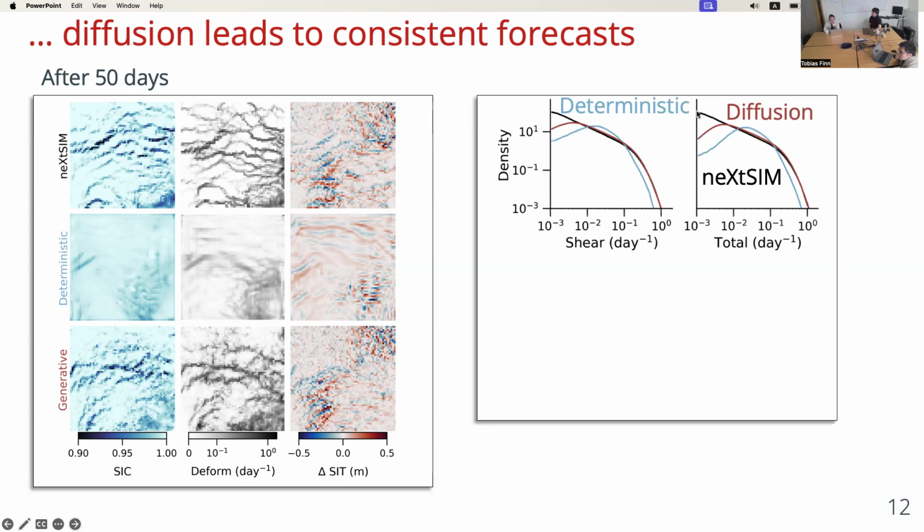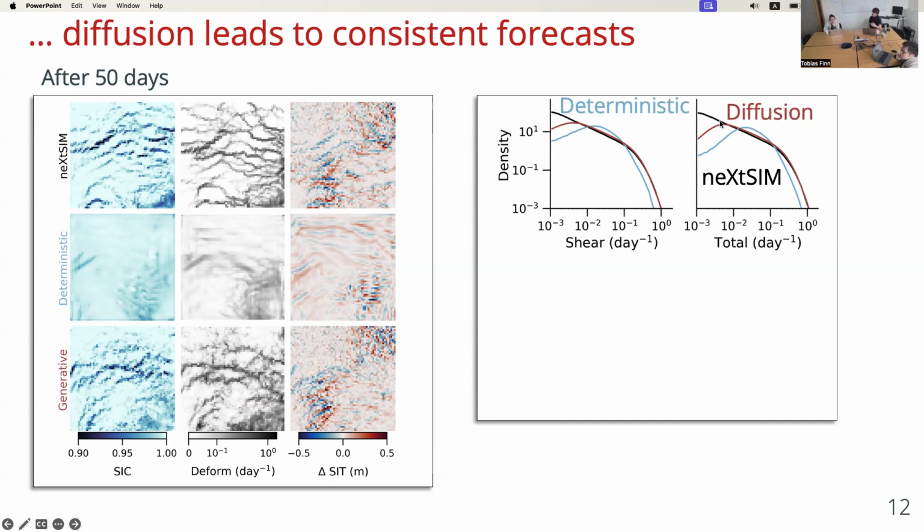In black is what neXtSIM sees. In blue is what the deterministic model sees. So we see that the deterministic model is quite off, also for the high shear values and the high total deformation values.